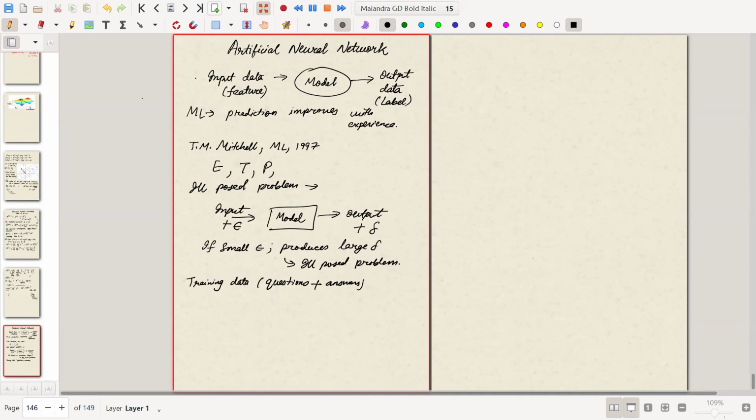Suppose you are classifying orange, apple, and banana. Then you tell the machine that this orange looking thing is orange, this yellow looking thing is banana, and this red looking thing is apple. You give a lot of data like that. That's a training data set. Then you predict. You ask, what is this? Then it will say, it's red, it's an apple. So the training data set doesn't only include the question, it includes the answer also. Then only the machine will learn.